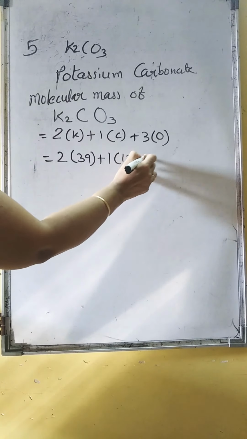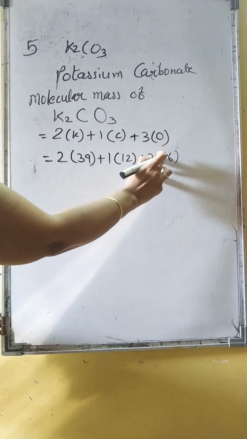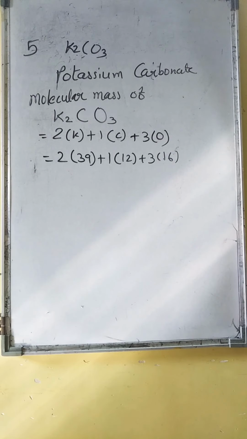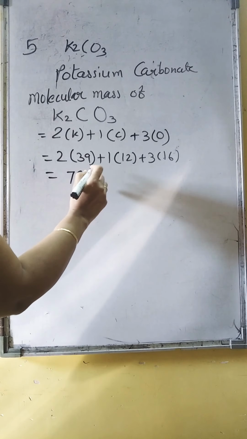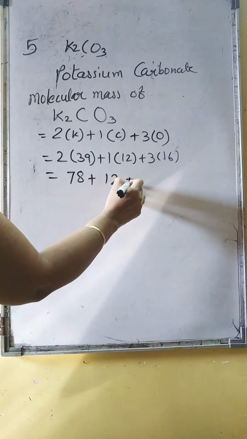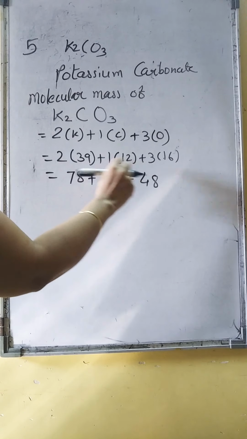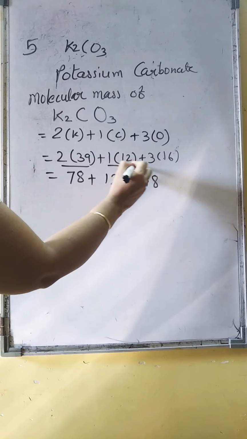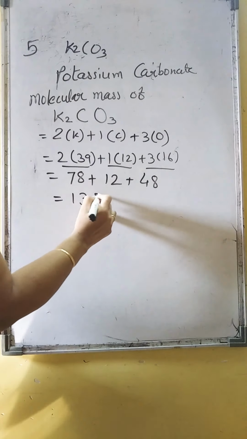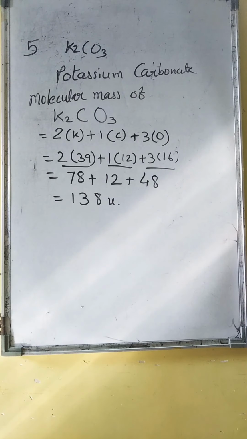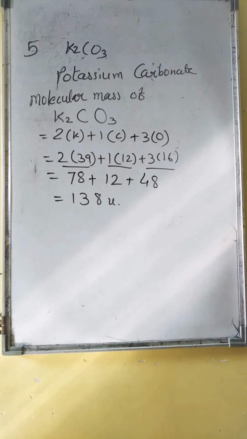Plus carbon it is 12 and of oxygen it is 16. Some you have to learn by heart, like oxygen, hydrogen, they often come. So 78 plus 1 into 12 is 12, 48. Always do the multiplication and then only the addition, okay? So all the multiplication you are going to complete and thereafter this. 138 Dalton. We have 138 Dalton as the molecular mass of this.